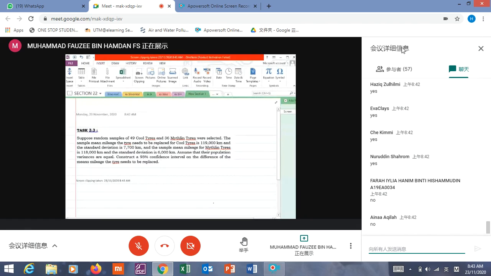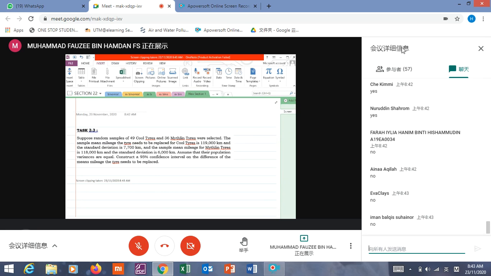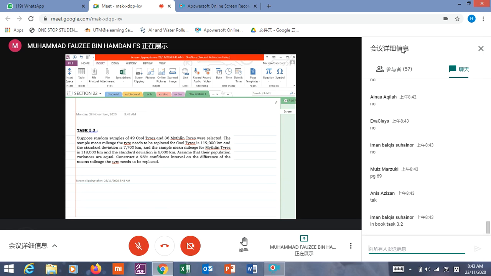Is it similar to your task page? No? Alamak, tak sama pula. Muiz, task ni, task 3.3. Sama ke? In task, this is an example. Oh, this is an example, not task. Patutlah, pelik. Tak apalah.